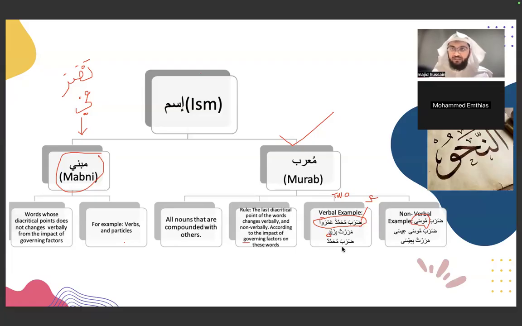It doesn't have any fatha, kasra, dhamma, right? But since the Quran has used it in the position of dhammatain or fathatain or kasratain, that's why the scholars have included such words also in the category of mu'arab. I hope that's clear. Yes, yes, sir.